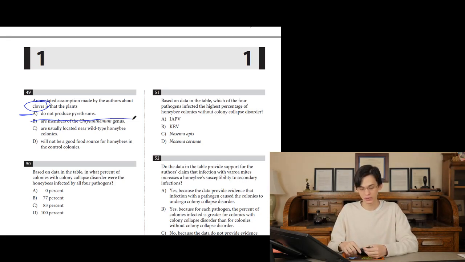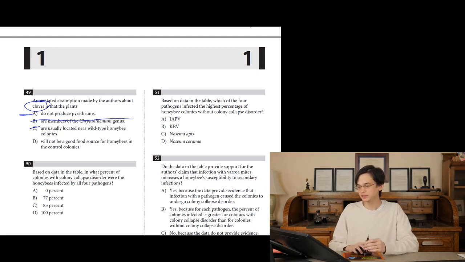If anything, you might argue that maybe they're not, because maybe if normal wild honeybees don't feed on clover, then it's not going to be close by. There's no reason to believe that clover is by wild honeybee colonies. I don't remember that ever being the case.